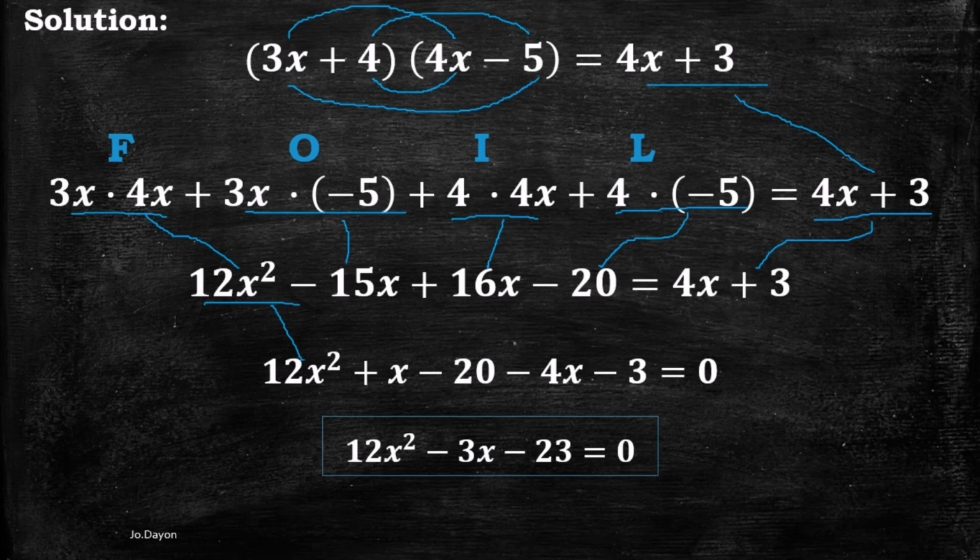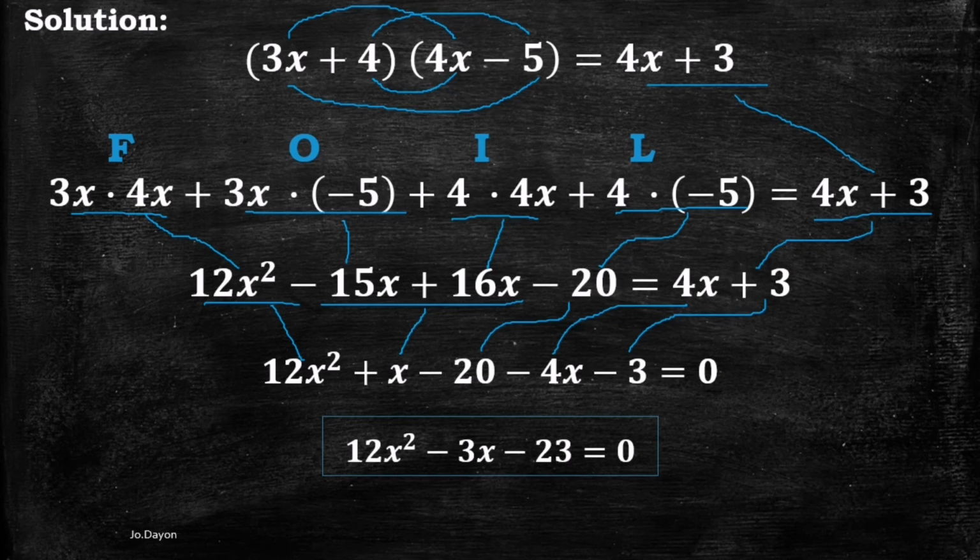So we have 12x squared. You copy negative 15x plus 16x. The answer for this is x only. And you copy negative 20. So positive 4x becomes negative 4x, transposed to the other side of the equation, and 3 becomes negative 3. So the right side now is 0.